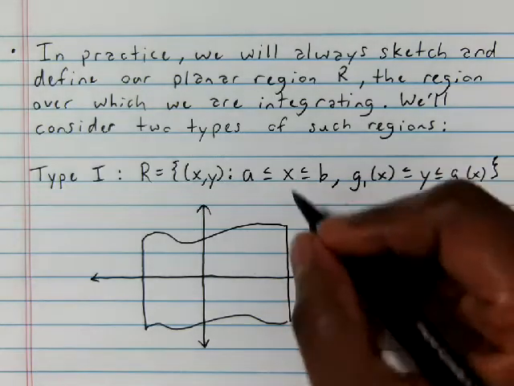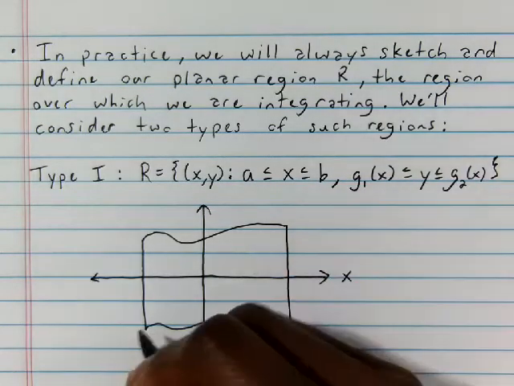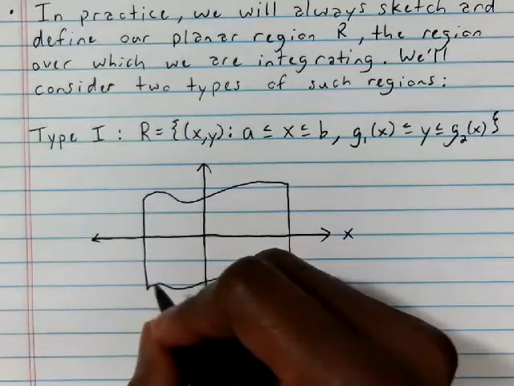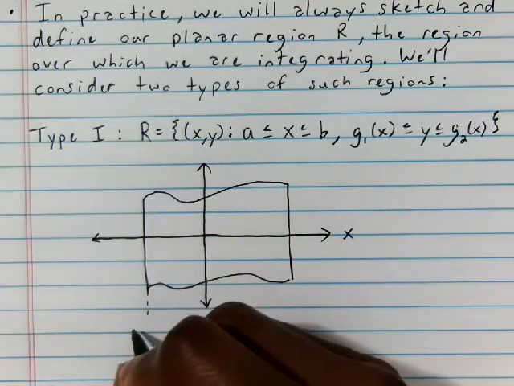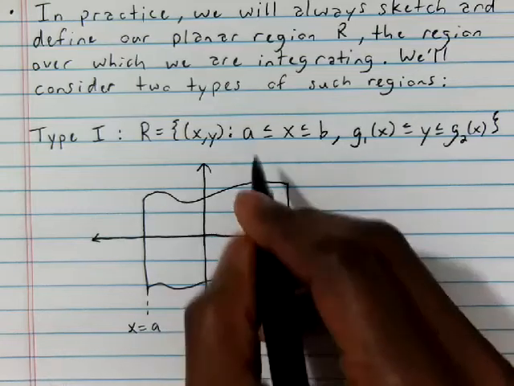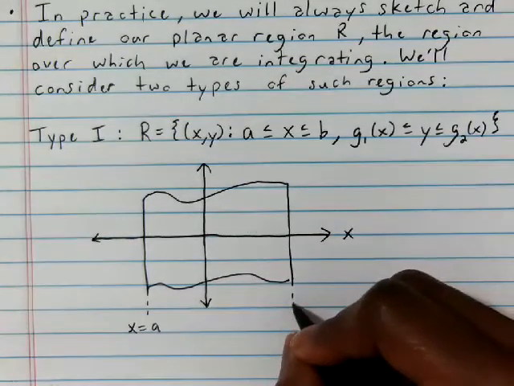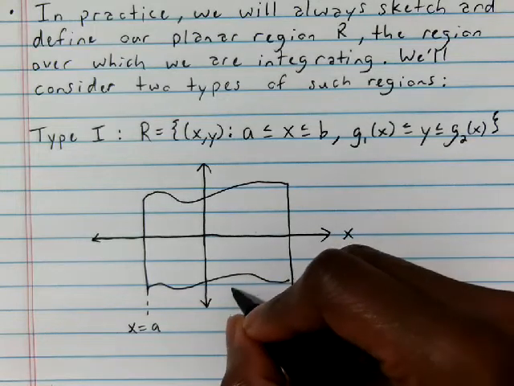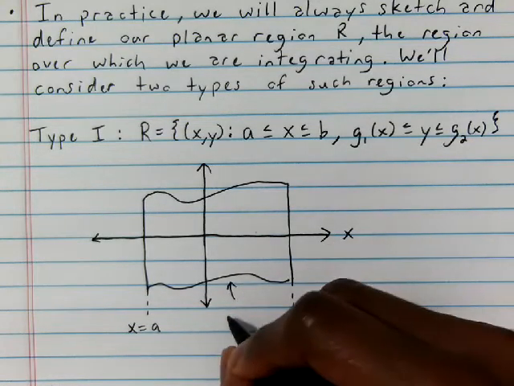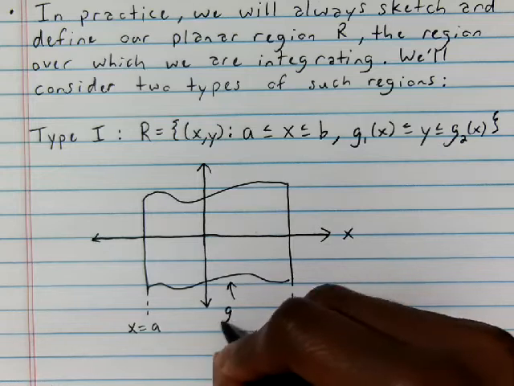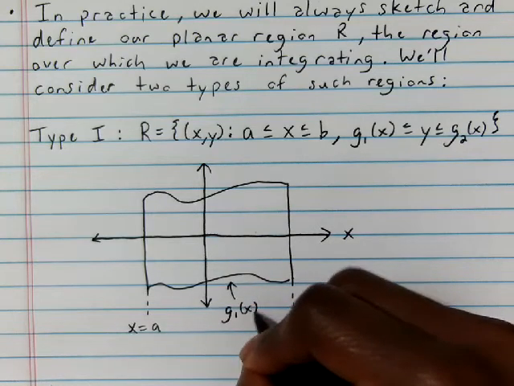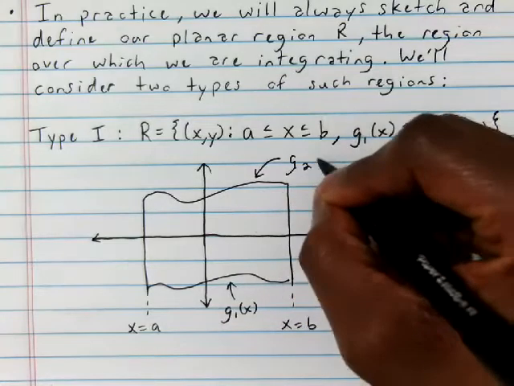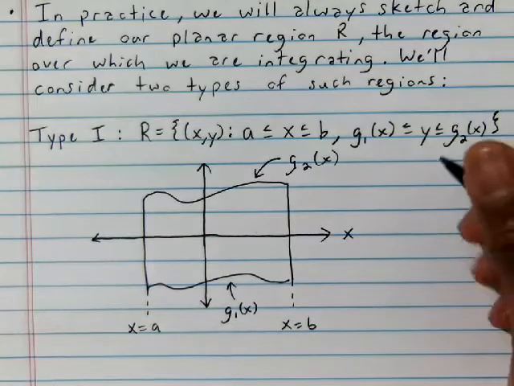Over here on the left, that is x equals a. This is x equals b. And then this function down here at the bottom would be g sub 1 of x, and this curve up here at the top would be g sub 2 of x.